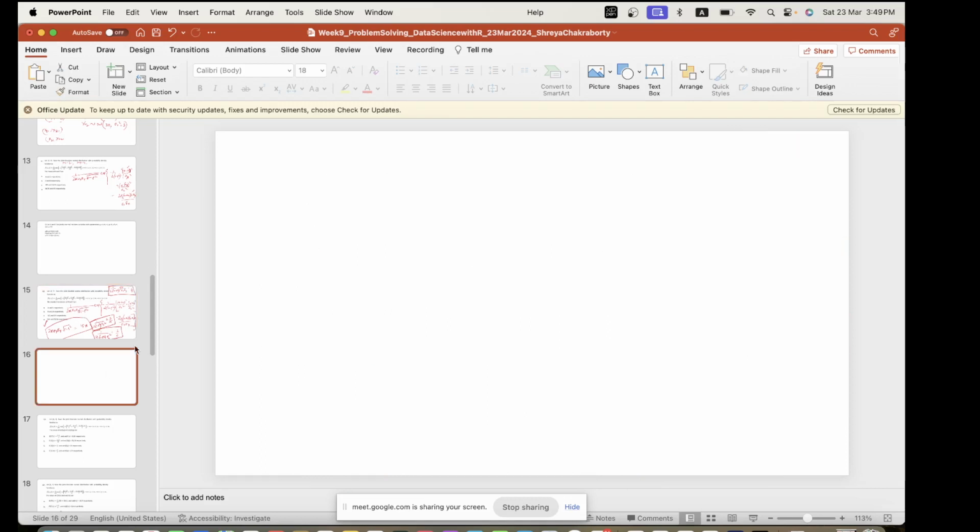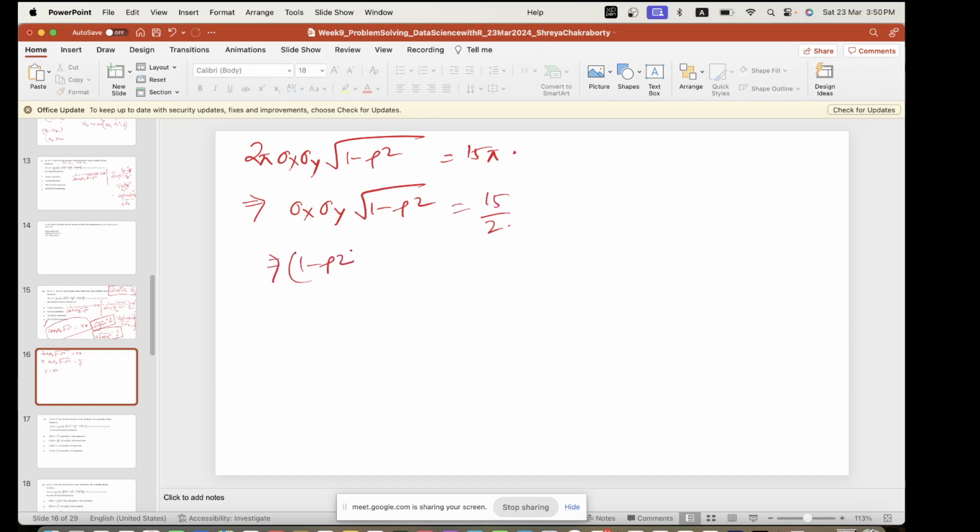Alright, so from here we can write 2 pi sigma x sigma y into root over 1 minus rho square is 15 pi. So this implies that sigma x sigma y root over 1 minus rho square is 15 by 2. So 1 minus rho square would be 15 by 2 sigma x sigma y whole square.